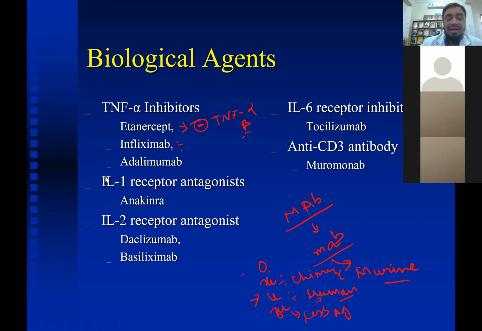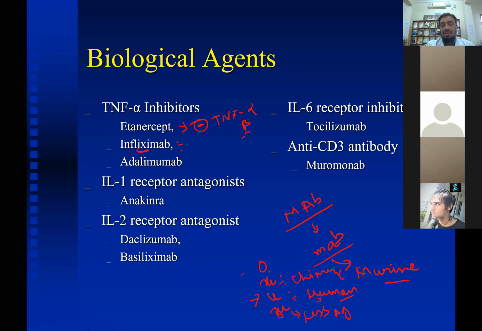So TNF alpha inhibitors, and also the interleukin 1 receptor antagonists, are mainly used in the treatment of rheumatoid arthritis. So infliximab, what is the source? It is chimeric. That is, it has mouse antibody as well as human antibody.